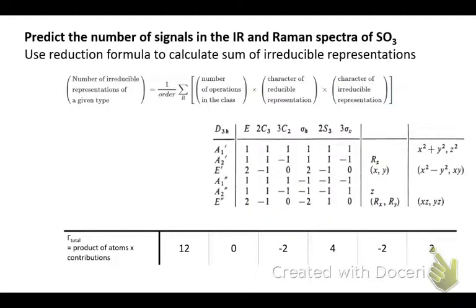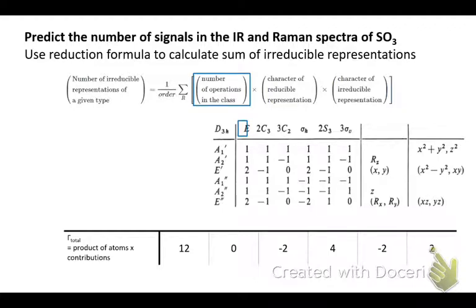Okay, so now that we have a reducible representation, which I've put here at the bottom again, we need to reduce that representation to the sum of irreducible representations. Remember, the irreducible representations are the A1 prime, A2 prime designations in our character table.